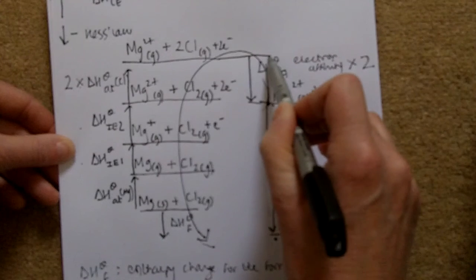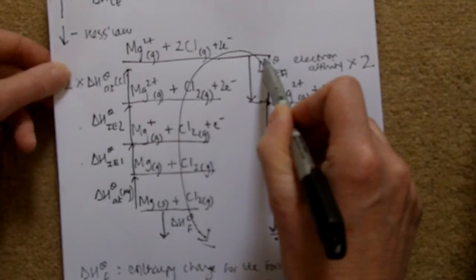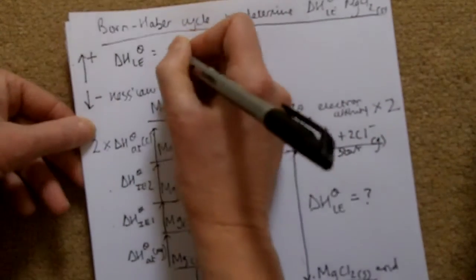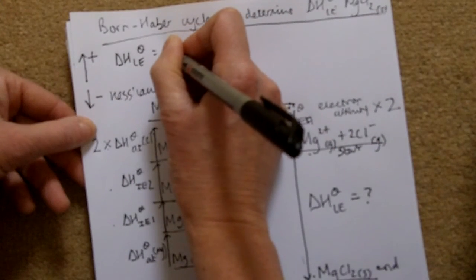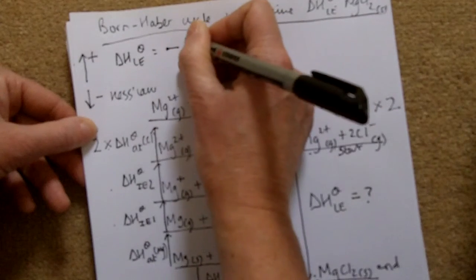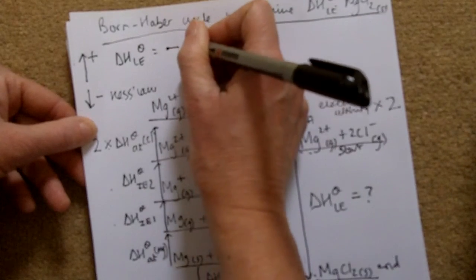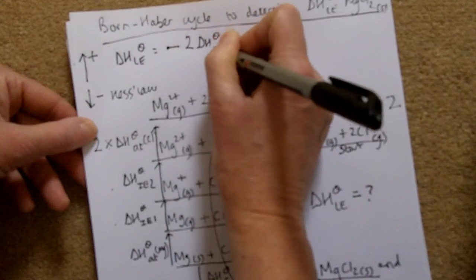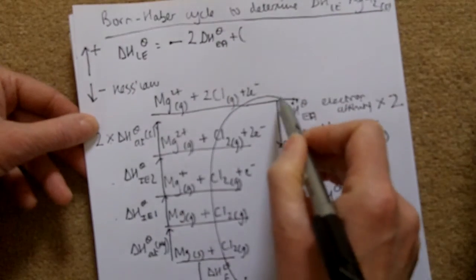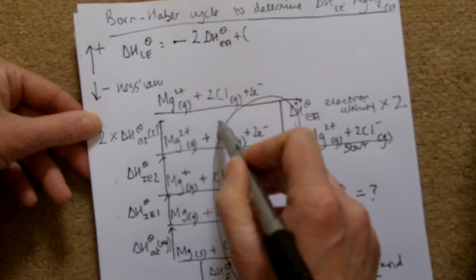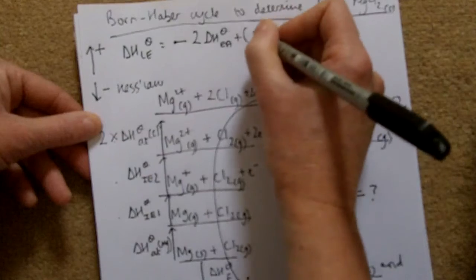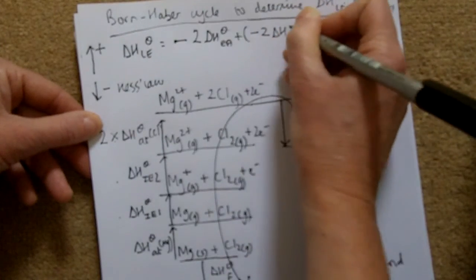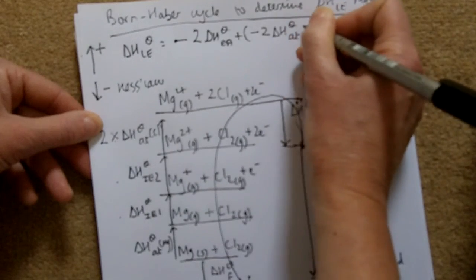So we're going to go up electron affinity. The arrow's going in the wrong direction, so we need to change the sign. So we need to go minus 2 times electron affinity, because we've got 2 of them. And we're going to go down here. That arrow's in the wrong direction, so we need to go minus 2 times atomization of chlorine.